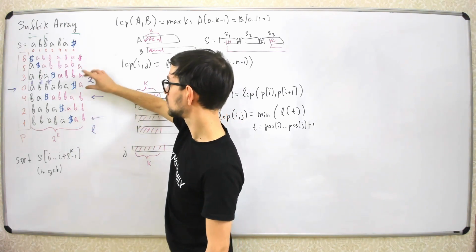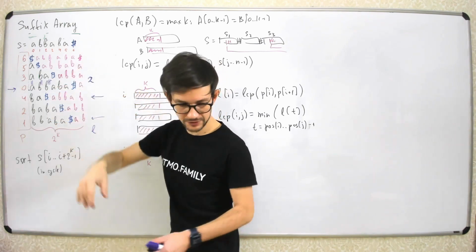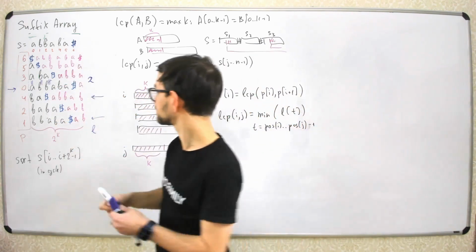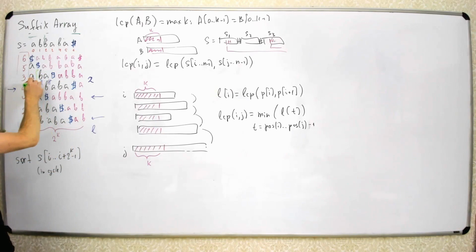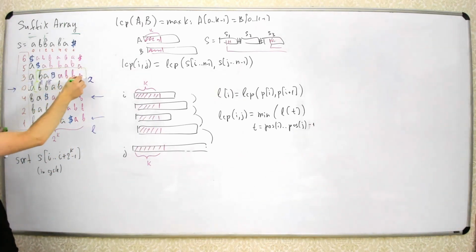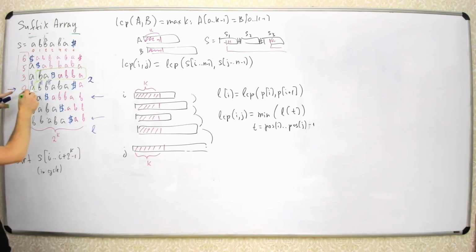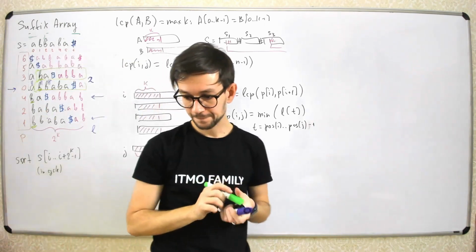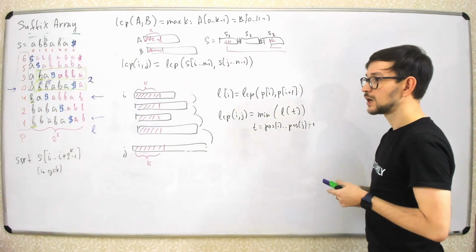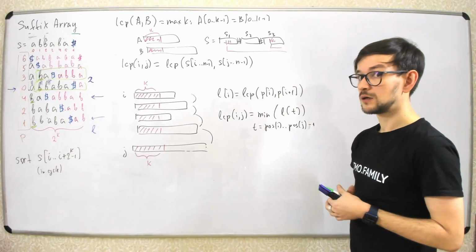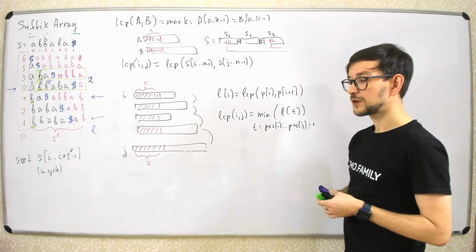Again, we know it because we know there are two common characters here. If we just remove this first character, we get suffix 4 and suffix 1. These two suffixes must have this character B here and here, and it must be the same. What does it mean?